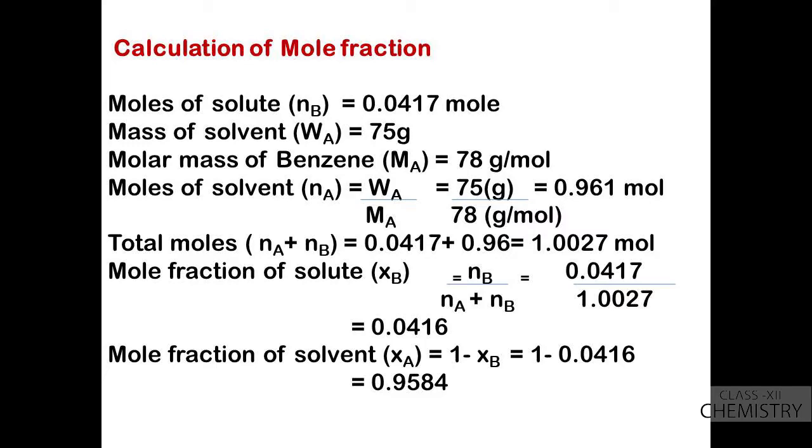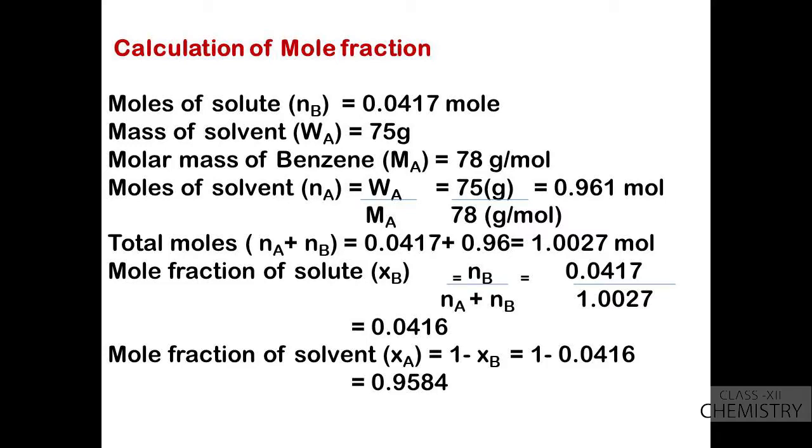After dividing this we got the result 0.961 mole. To calculate the mole fraction we first have to find the total number of moles present in the solution. The total moles is calculated by adding NA plus NB, the number of moles of solvent plus the number of moles of solute, that is 0.0417 plus 0.961, which is equal to 1.0027 mole.